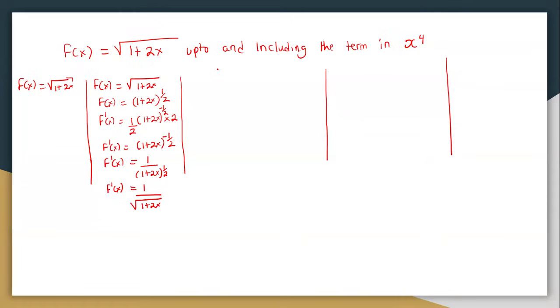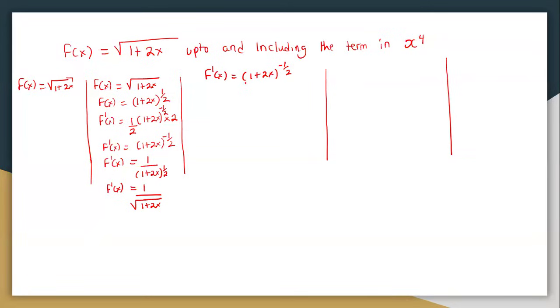For the second derivative, we are going to start from here. Who is ready to take us through it? Okay, Wafula.